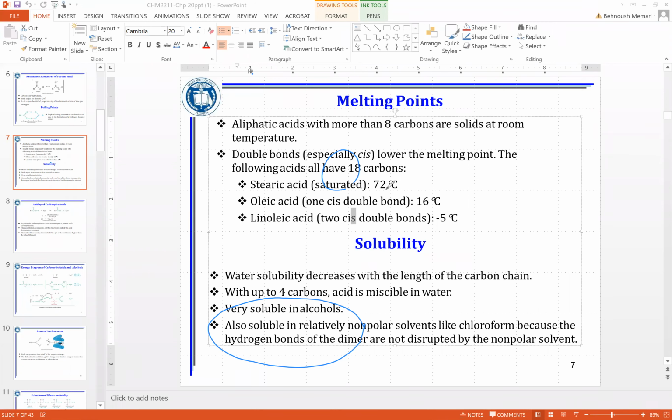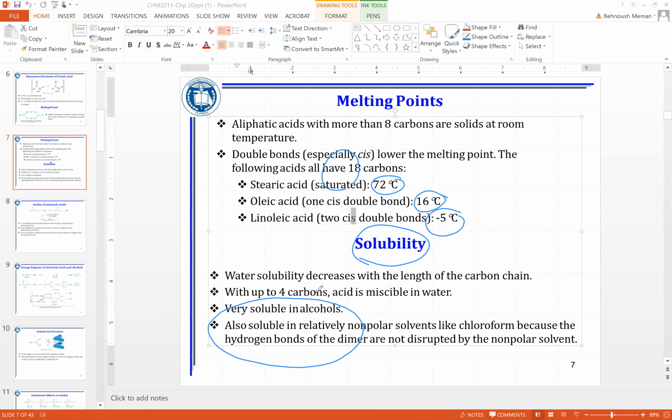If it's saturated, the melting point could be very high and it's solid at room temperature, and the pi bonds are going to lower the melting point. So if you have olive oil, it would stay liquid even in the fridge at low temperature. But if it freezes or goes to solid, that means it's not pure, or the temperature of the fridge was much lower.